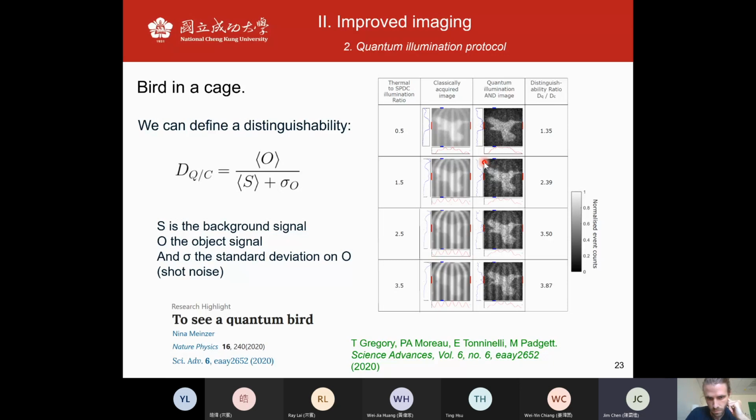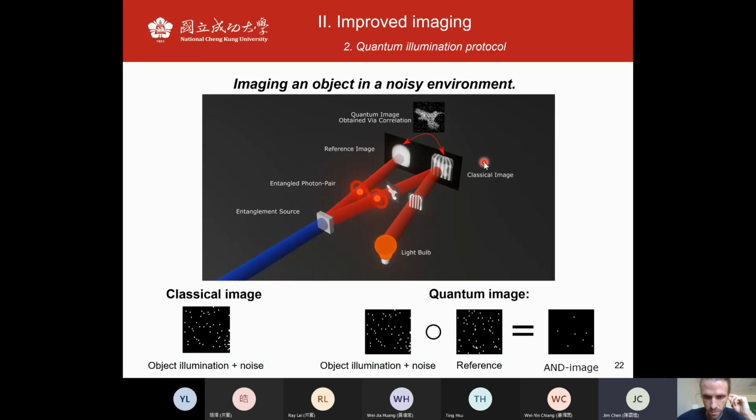Is that true, or is that also happening in your experiment? My question is about the idler signal, because in the protocol you need idler signal storage.